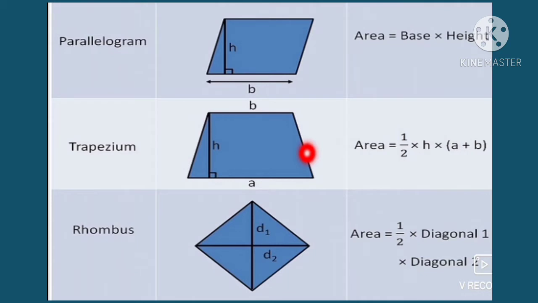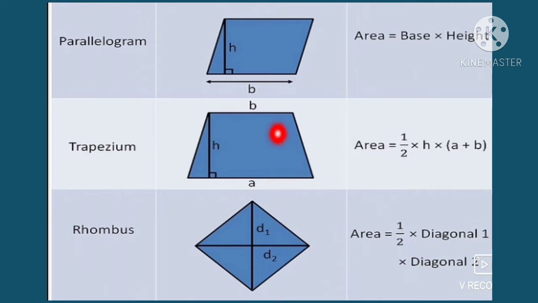Now, parallelogram. The area of the parallelogram is base into height square units, and here the perimeter of the parallelogram is the sum of the lengths of the 4 sides. And trapezium. Here the area is half into height into (A plus B), and here H is the height of the trapezium, and A and B are opposite and parallel lines.